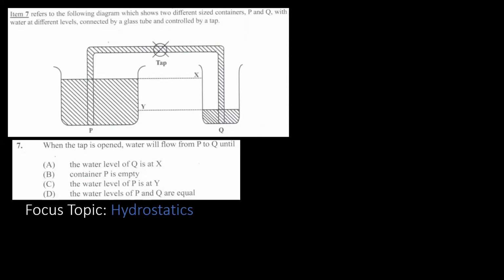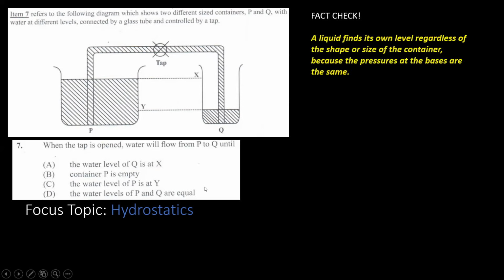Okay, number 7, this is taken from the topic of hydrostatics. And we are asked, when the tap is opened, water will flow from P to Q. So which of these options will take place? Now, we know that a liquid finds its own level due to the pressure differences which may occur between two connecting vessels.